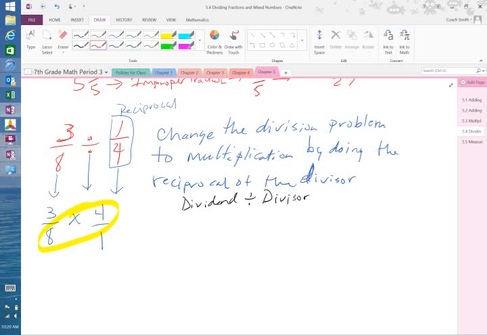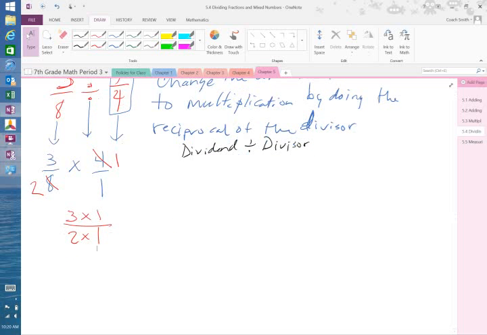Is there a common factor between 8 and 4? 2 is, but 4 is the greatest one. 4 goes into 4 once, 4 into 8 2 times. Now I have on top 3 times 1, on bottom 2 times 1, which is 3/2, which is 1 1/2.